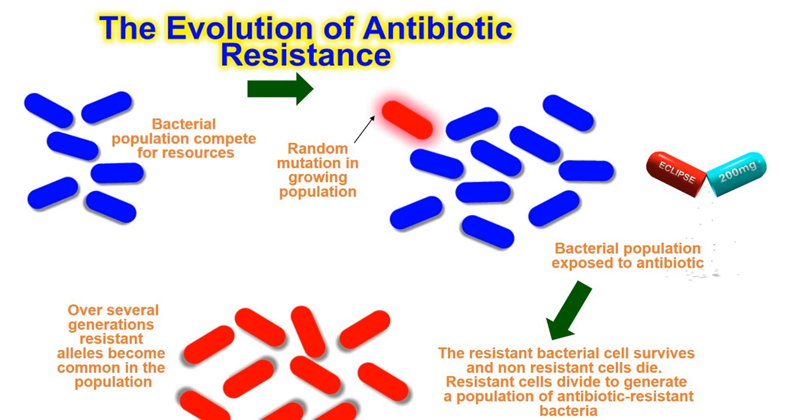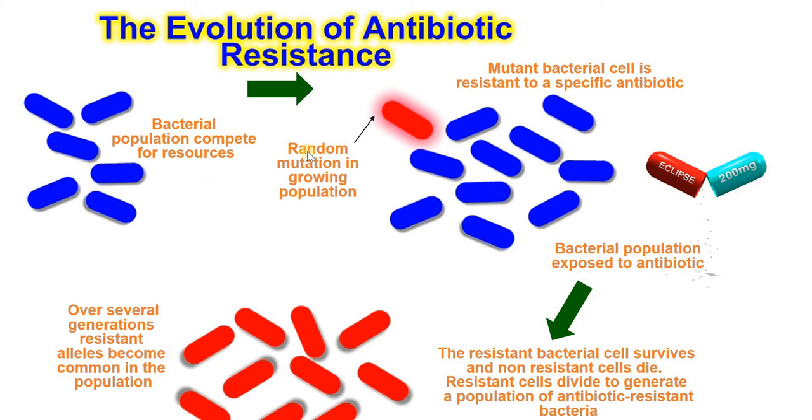And the last one, antibiotic resistance. You've done this in your AS anyway. We've got our normal bacterial population, and if you treat these with antibiotics, antibiotics will kill these bacteria. So, for example, penicillin.